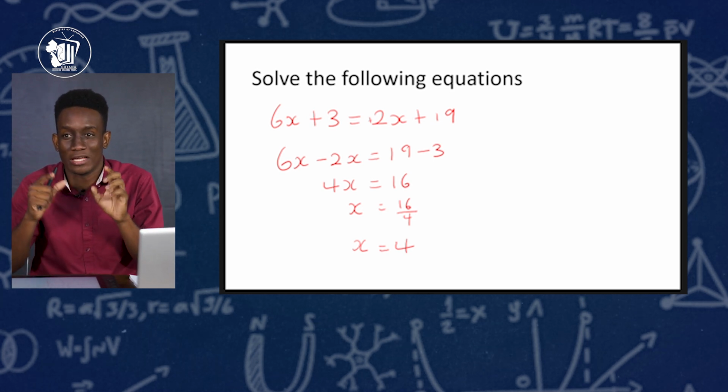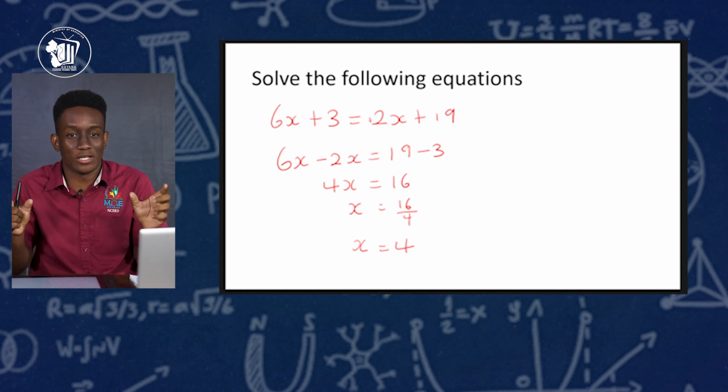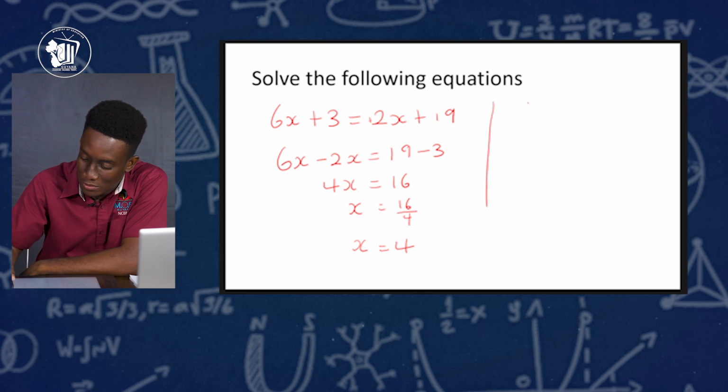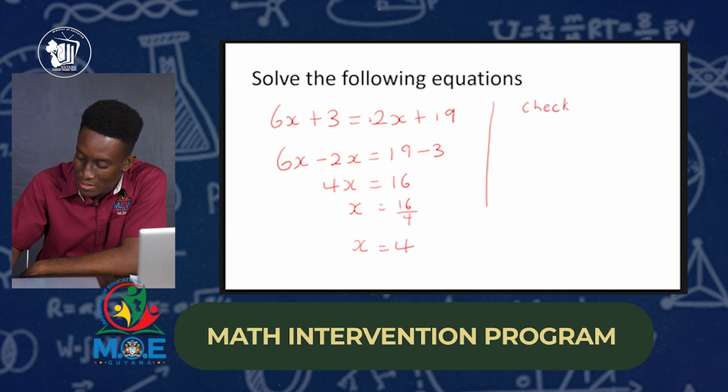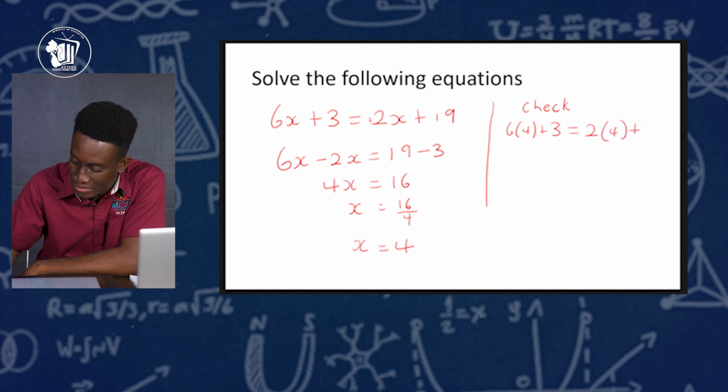And you don't have to do this. This is just a check to make sure whatever you did is absolutely correct. So let's check. So 6 times x, we know the value of x would be 4. So 6 multiplied by 4 plus 3, that should be equal to 2 multiplied by x, which is 4, plus 19.